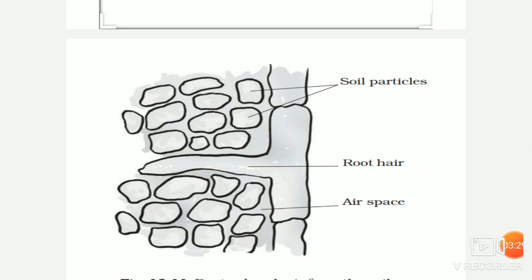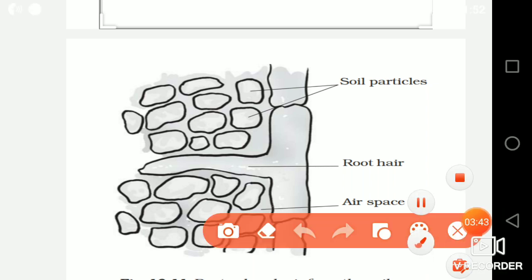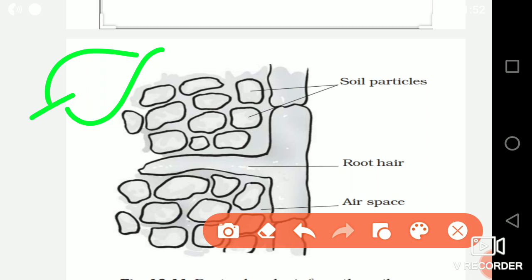Now, as we know, respiration in plants also takes place. In the upper parts of the plants they have pore-like structures like stomata and lenticels. Let this be the leaf.